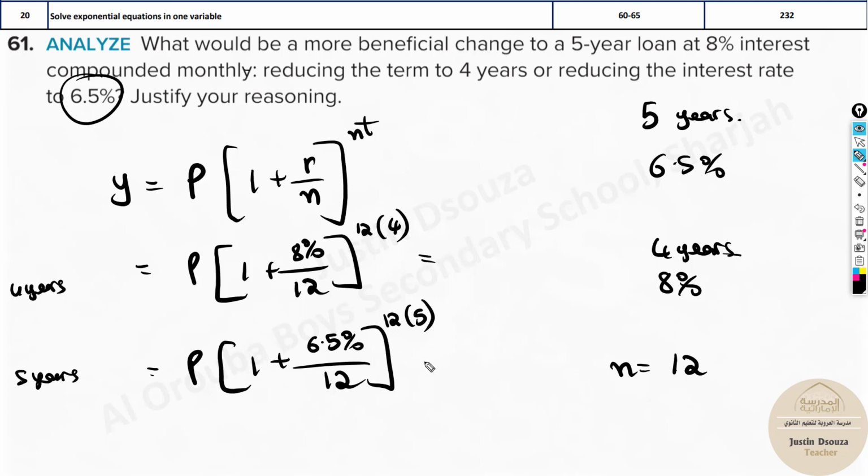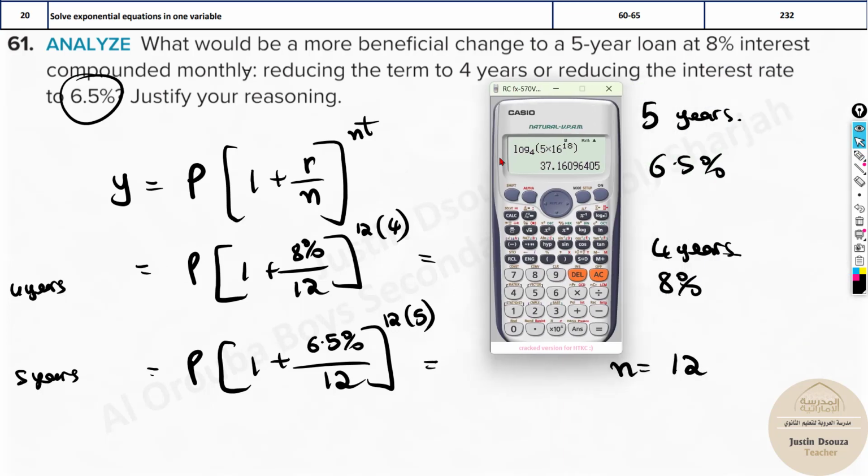Now let's put it in the calculator and see. Solve them in the calculator directly. Only p, leave it as it is, and the remaining part. Here all you need to do is: 1 plus 8%, that is shift and this symbol over here, divided by 12, close the bracket, power 12 times 4.